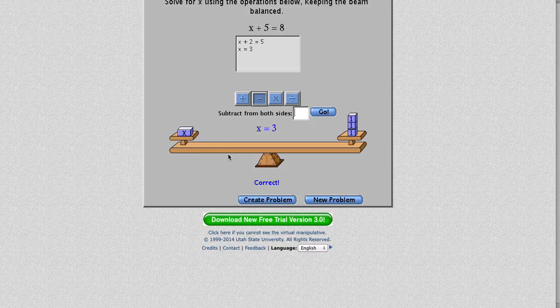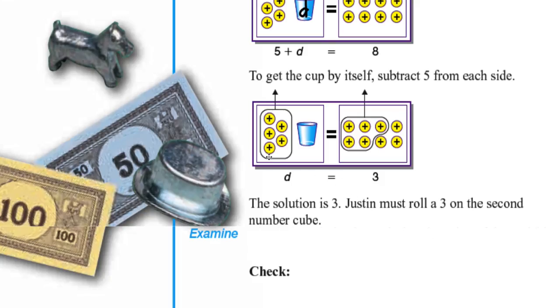So basically what we did, we simply subtracted 5 to both sides of our equation, which made our equation remain balanced. Okay, so whatever you do to one side of the equation, you need to do to the other side. So we subtracted 5 here, we need to subtract 5 on that side.